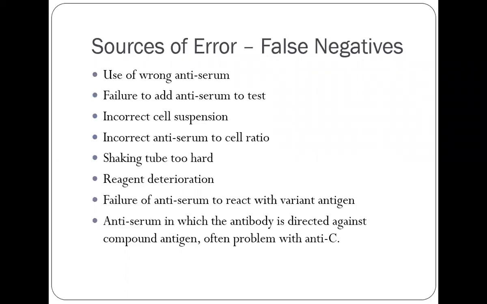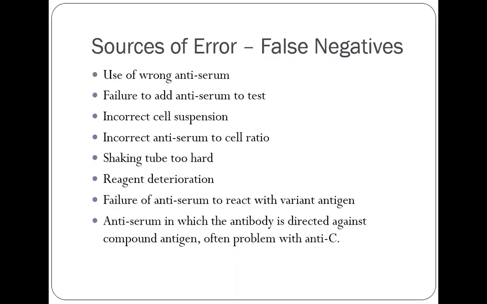False negative. Let's say you're going to use that reagent to see if the antigen is present on the red cell. It might be falsely negative because you used the wrong antiserum. Maybe you failed to add the antiserum to the actual tube. You might have thought you added it, but you didn't. Maybe you had the incorrect cell suspension, too heavy a suspension.